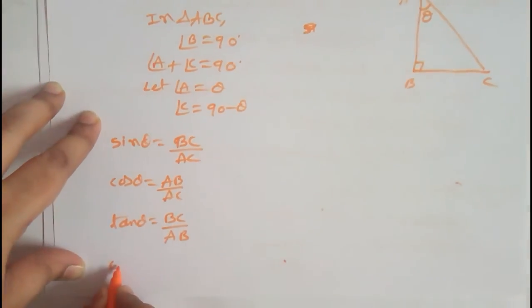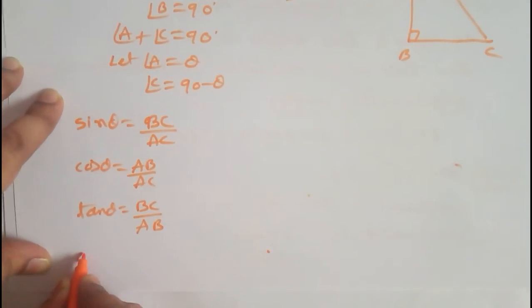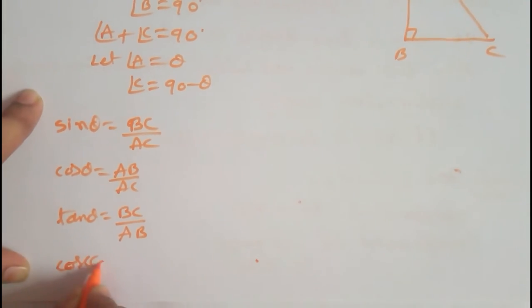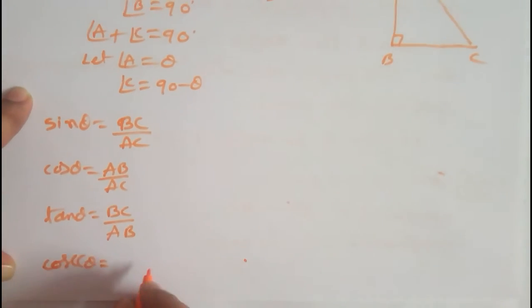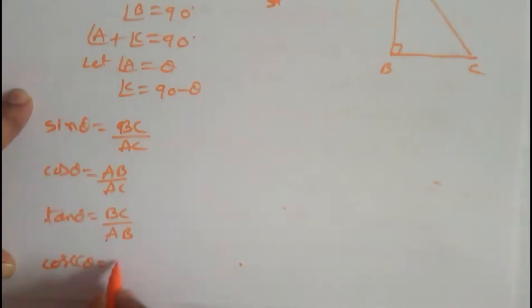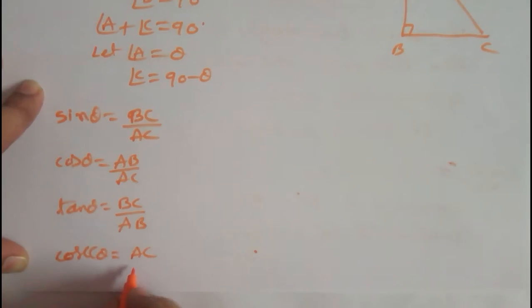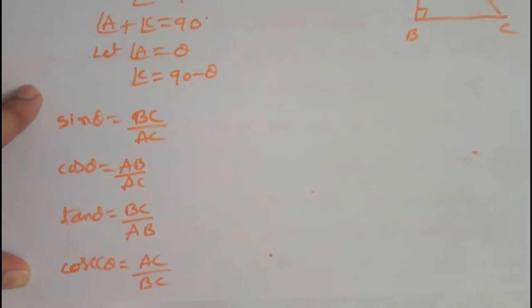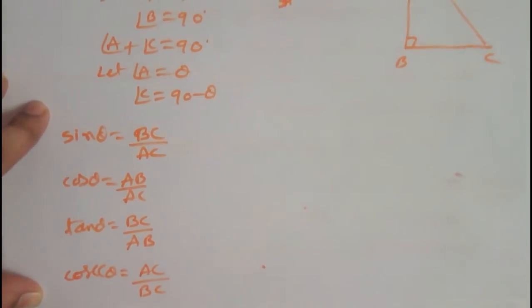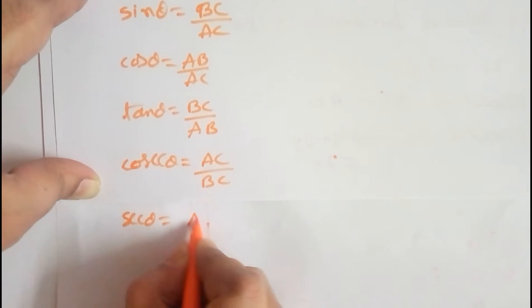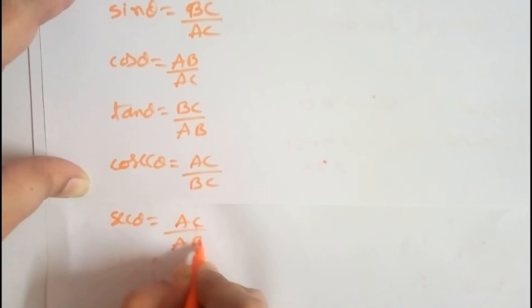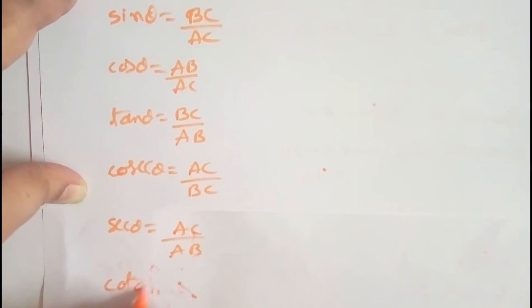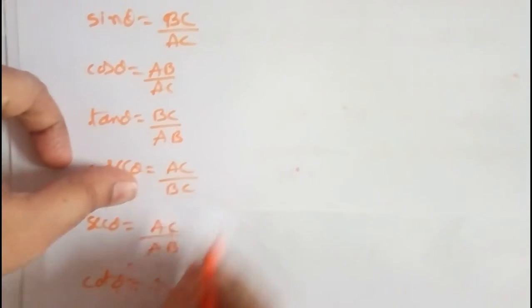Now cosecant theta is the reciprocal of sine, that is AC by BC. Secant theta is the reciprocal of cos, that is AC by AB. Cot theta is the reciprocal of tan, that is AB by BC.